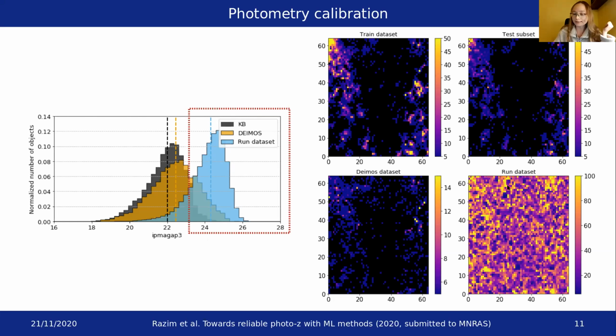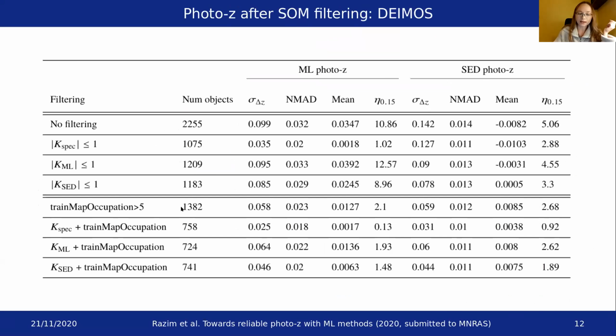We can train self-organizing maps with the whole photometric dataset. We can project the training dataset on it. And we can say that for all the cells where we don't have training data, we cannot produce good predictions, so we just discard objects that belong to these cells. And indeed, if we use this kind of calibration, train map occupation cleaning, we are getting serious improvements for the whole dataset.